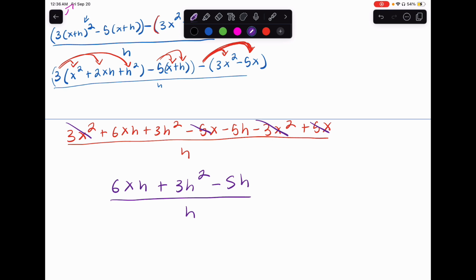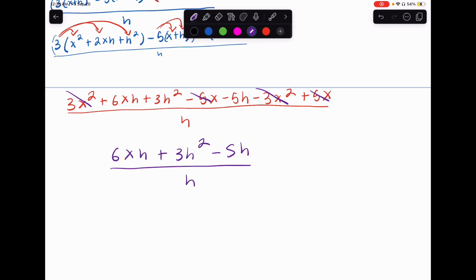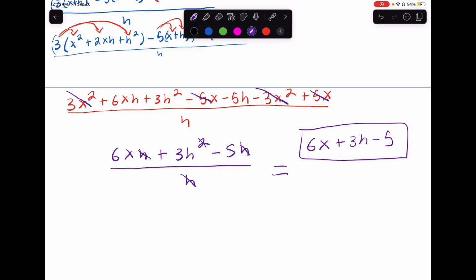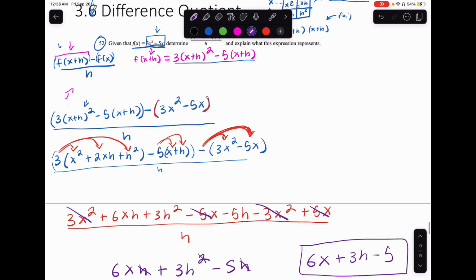But you're not done simplifying yet, because you can cancel out an h from every term in this expression. So you cancel out your h's, and what you're left with is 6x plus 3h minus 5. I know it's a lot of math to get here, but that's how you would find the difference quotient.